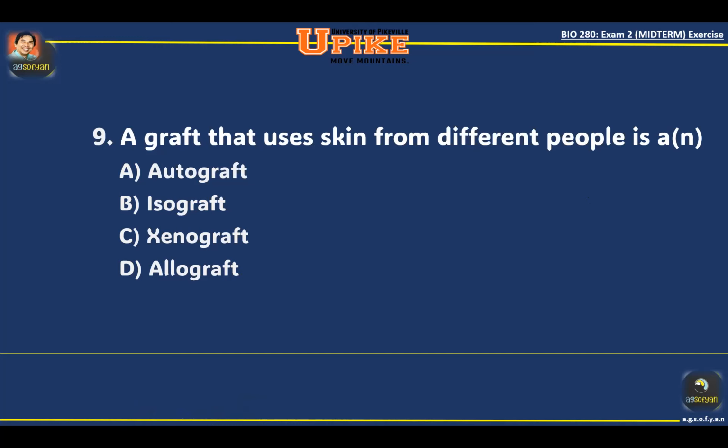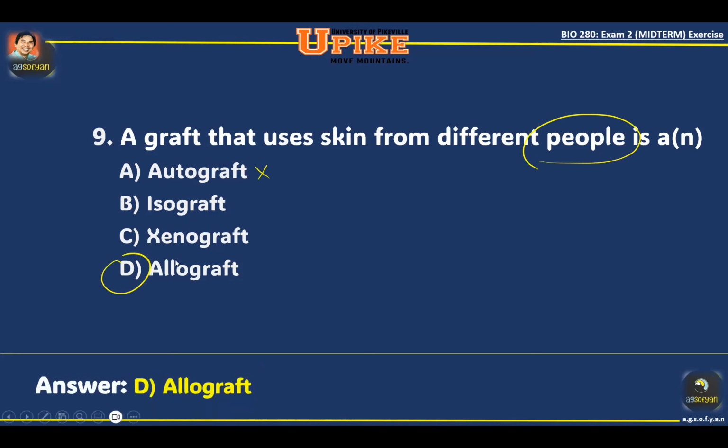A graft that uses skin from different people is known as auto, iso, xeno, or allo. Auto, we already use it, and this is from ourself, our own skin. So if it is from different people, that's going to be the allograft.